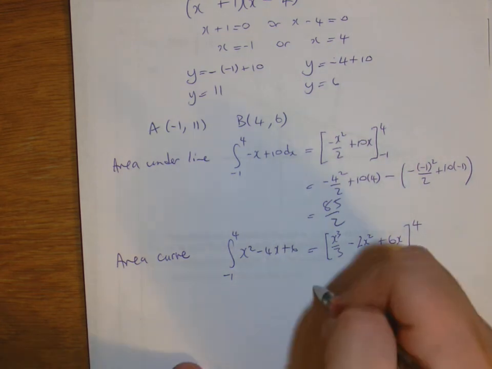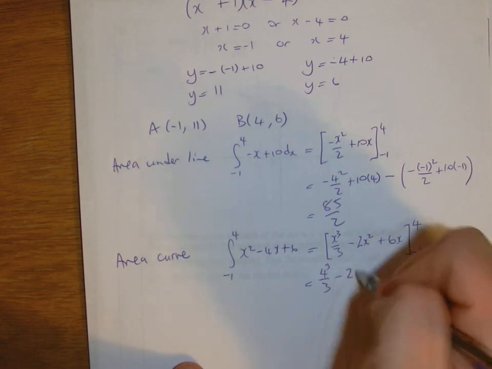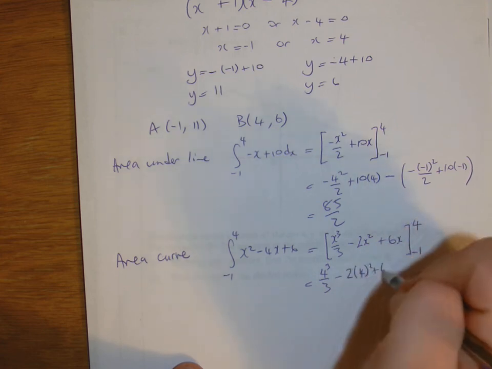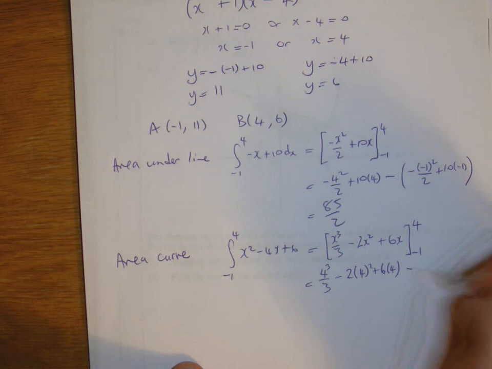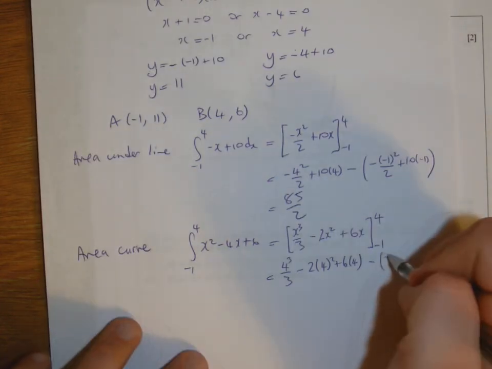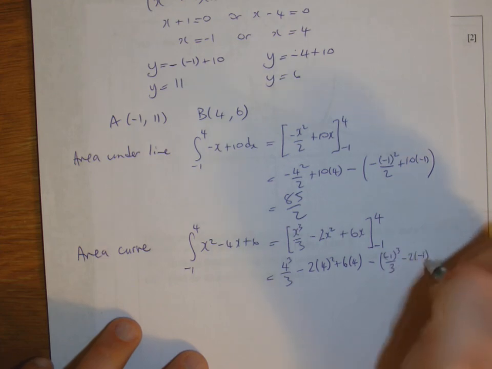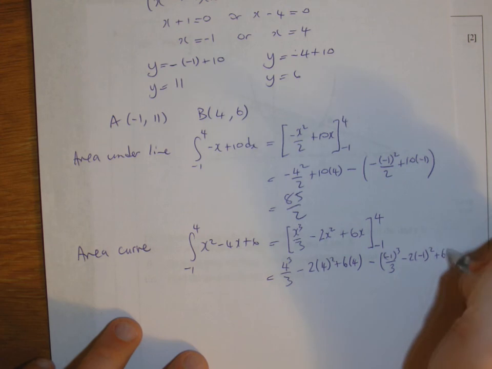So put 4 in, and you get 4 cubed upon 3, take away 2 times 4 squared, plus 6 times 4. Take away then, put minus 1 in, so you get minus 1, again in the bracket, cubed all over 3, take away 2 times minus 1 squared plus 6 times minus 1, close bracket.